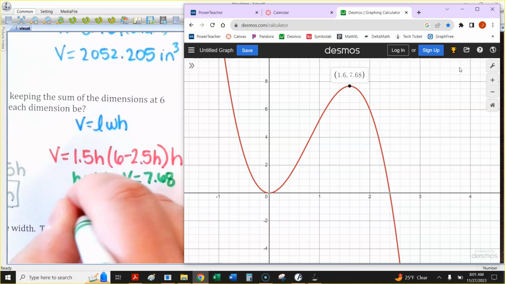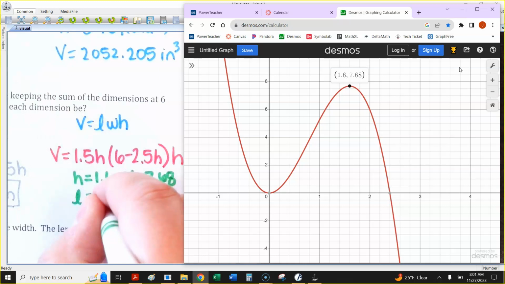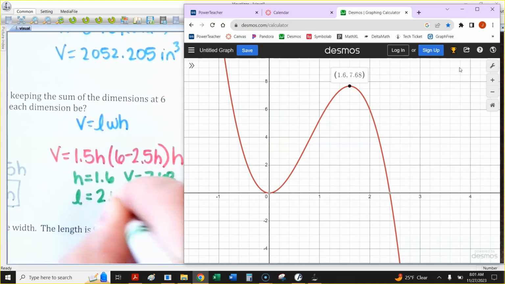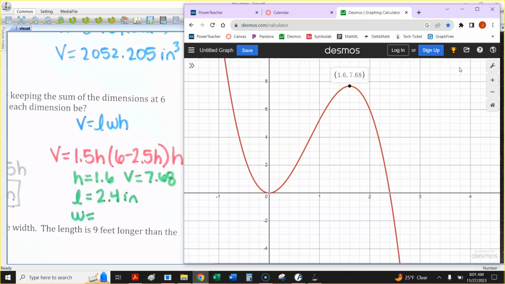So the length was supposed to be 1.5 times that, so just do 1.5 times 1.6, so it'd be 2.4 inches. And the width is 6 minus 2.5 times that 1.6, which is going to be 2.